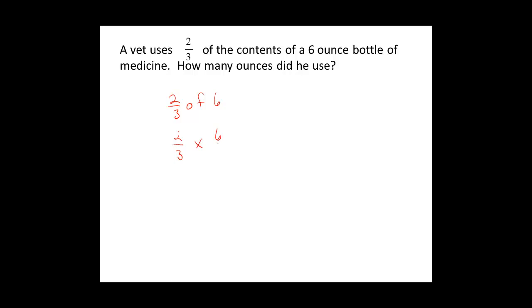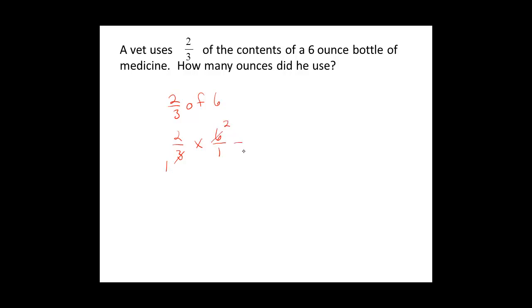We will follow our rules for multiplication of fractions. We will need to change the 6 to an improper fraction by putting it over 1. Now we can divide out common factors in the numerators and denominators. We have a common factor of 3 in the denominator and numerator, so we can divide out a 3 and get 1, divide 6 by 3 and get 2.